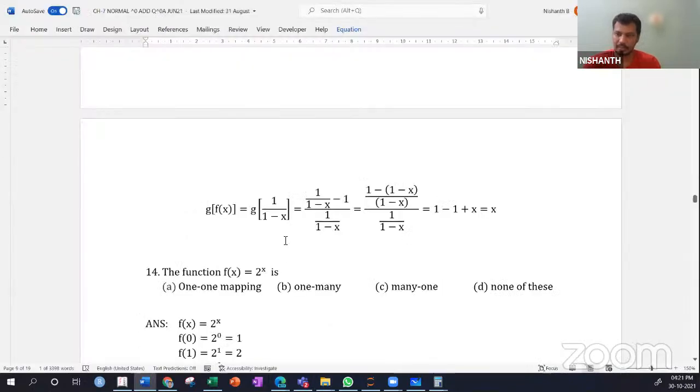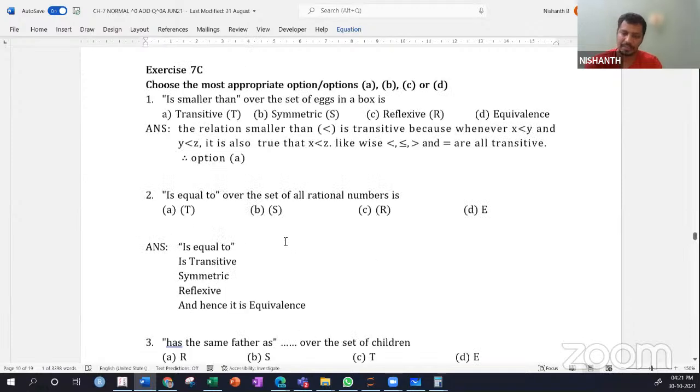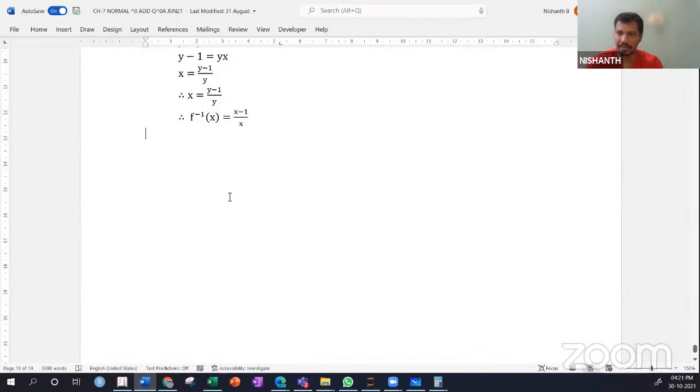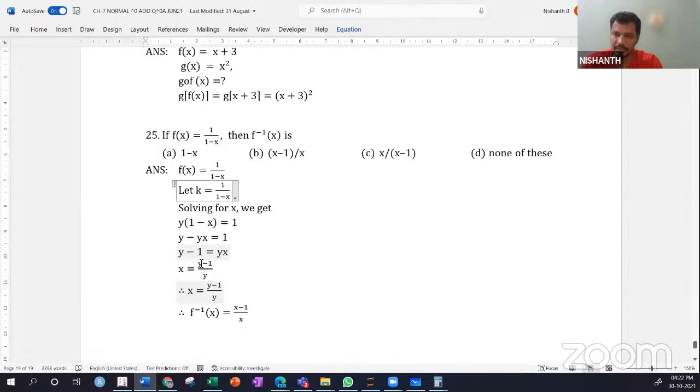Okay. One more confusion, or one more help which you might need, is in inverse functions, finding the inverse. I taught you one method for this: equate this to k, and then solve for x, that is, find the value of x. For example, here I've written k, let me write it as y.